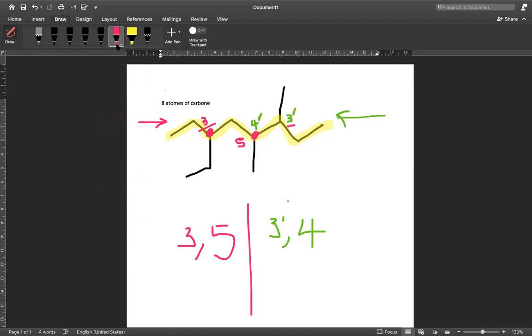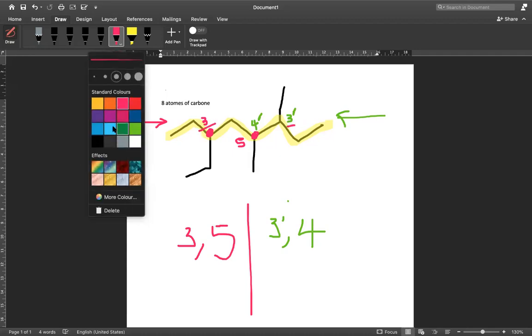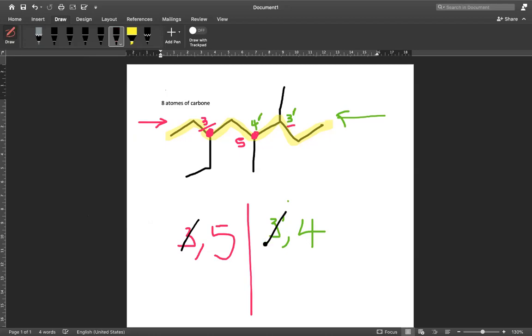Now the question is, how are we going to know which one we are supposed to use? Because these 3 and these 3 are the same, they have the same index, we are going to go to the other index.